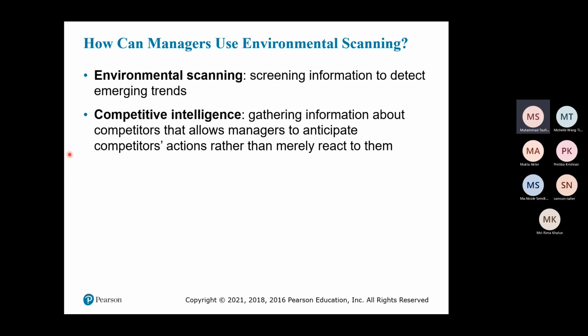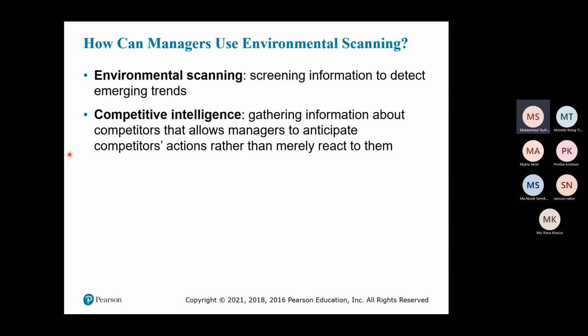Okay, and then you can also use what we call competitive intelligence. Competitive intelligence is part of environmental scanning, one of the tools under it. So what is competitive intelligence? It is gathering information about competitors that allows managers to anticipate their action rather than merely react to them.